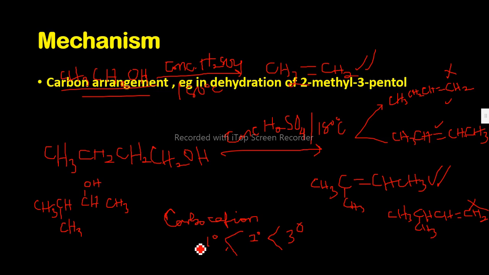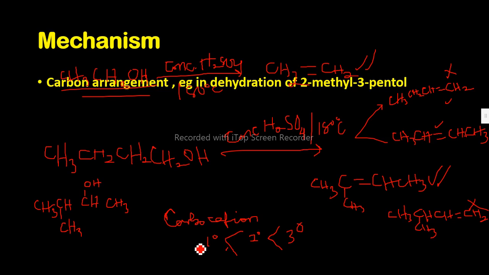So in cases where you have a chance of forming a secondary carbocation rather than a primary carbocation, then a secondary is going to be formed. The compound undergoes what we call carbon-carbon arrangement to form a secondary carbocation instead of a primary, which is more stable.